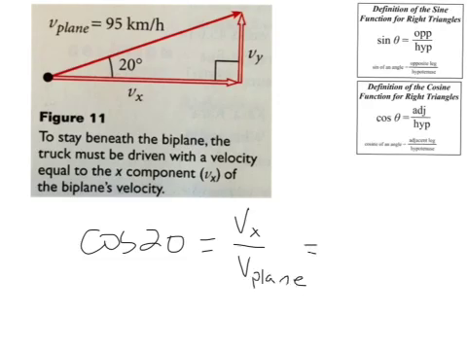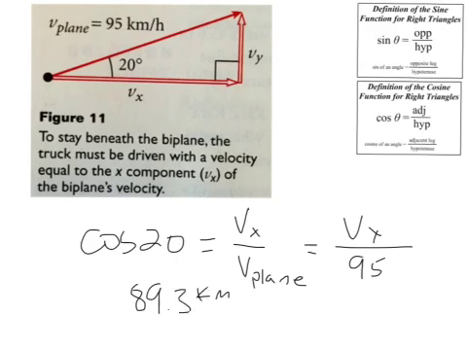Well, Vx is what we're looking for. V plane is this 95 kilometers an hour. Cosine 20 times 95 gives us 89.3 kilometers an hour. That's how fast the truck would have to actually go to stay directly beneath the airplane.